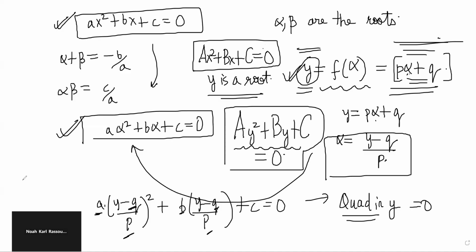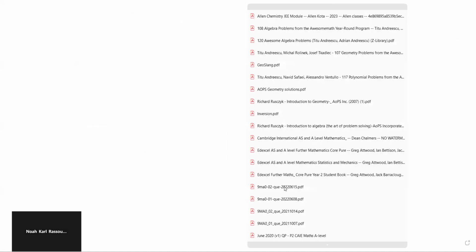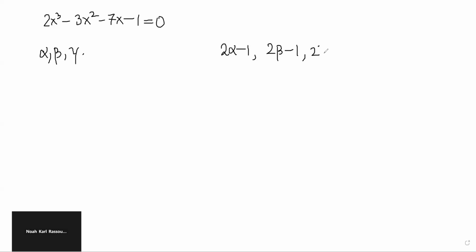So in this problem, for example, we have 2x cubed minus 3x squared minus 7x minus 1 equals 0. We know alpha, beta, gamma are the roots. All the new roots that I need are also in the same way.